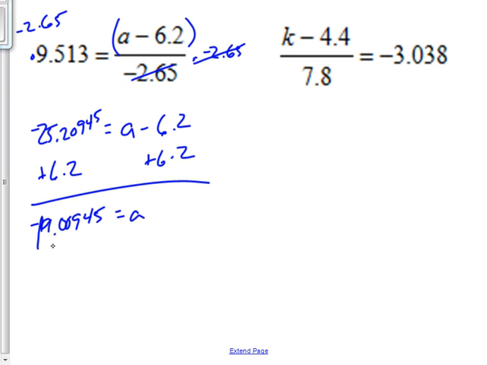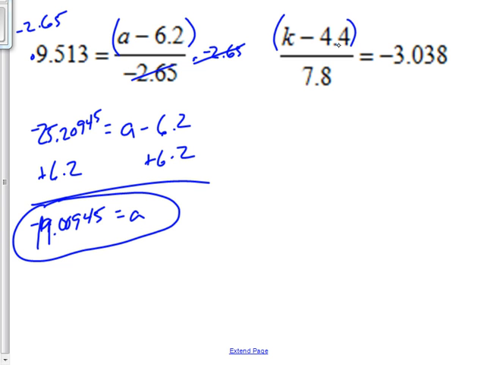These are our exact answers, so we want to leave it. Now we'll take that answer, negative 19.00945. We subtract 6.2, got to hit equals, and we divide by negative 2.65. And we get positive 9.513. So it does work. If you did round it, you're not going to be able to check your answer because it won't work. So we got to use the whole answer.